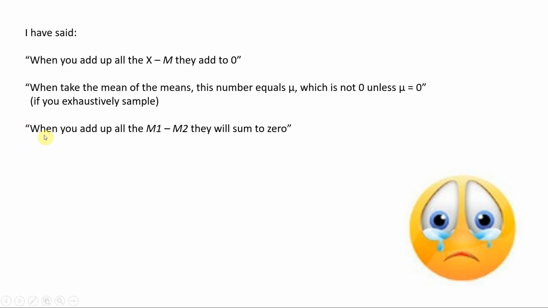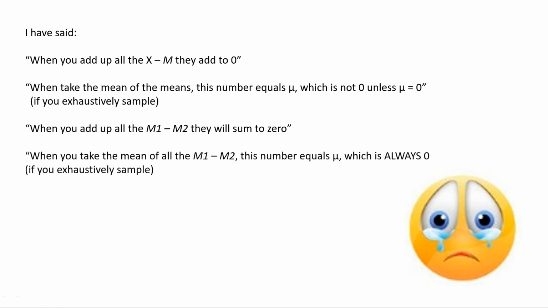And then I said, if you add up all the differences, x bar 1 minus x bar 2, those will sum to 0. And this was something I think I talked about when we were talking about the sampling distribution of differences. And finally, I said, when you take the mean of all these differences, x bar 1 minus x bar 2, this number will equal mu, which is always 0 if you exhaustively sample.